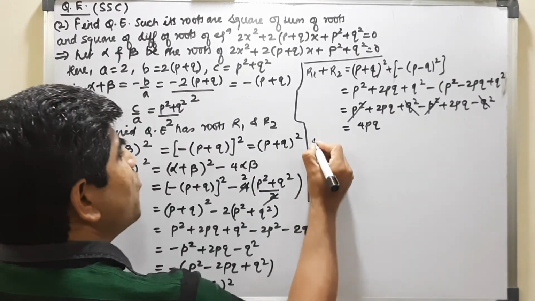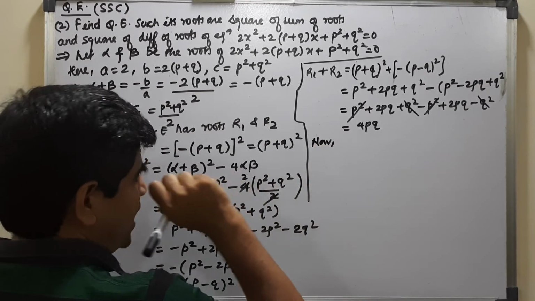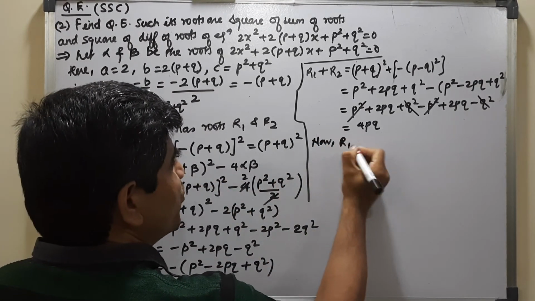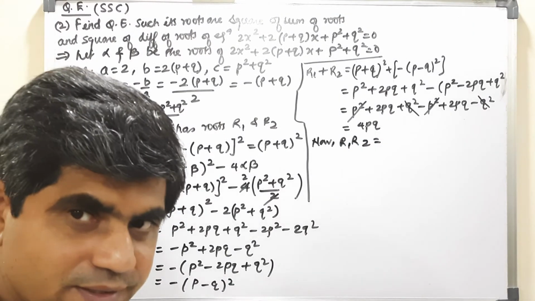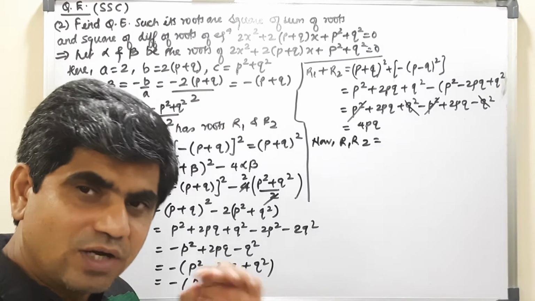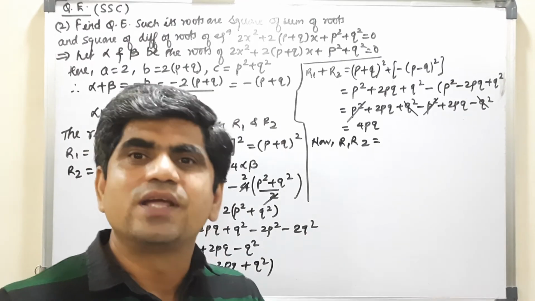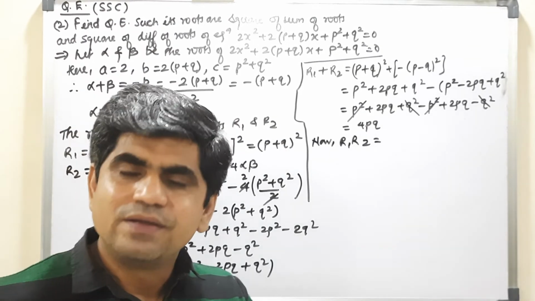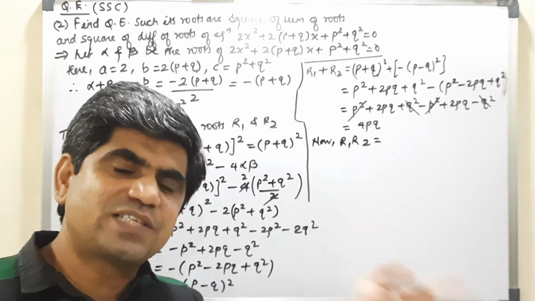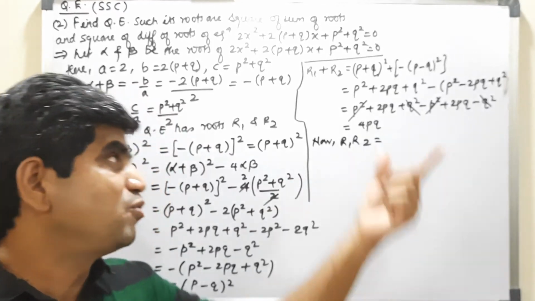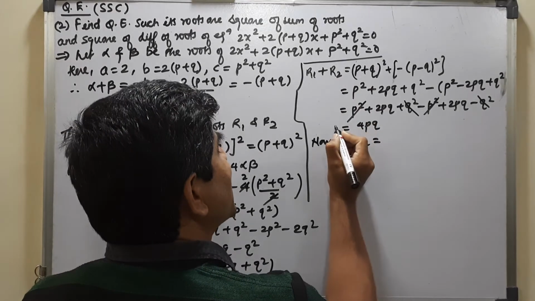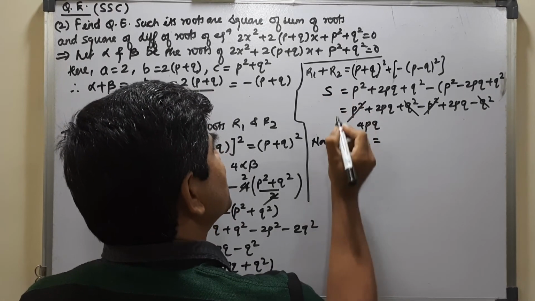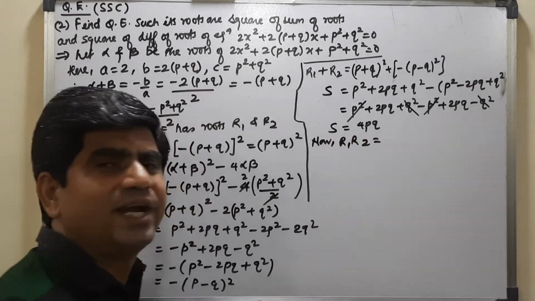Now I get the product of roots, because you require product also. Why product? Because the quadratic equation says what? It is x square minus sx plus p, where s stands for sum of roots which I have found out. So I am writing r1 plus r2 as s now. So that will be easier for me to write.